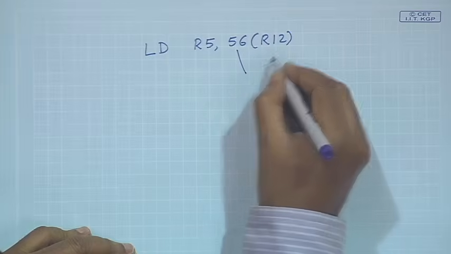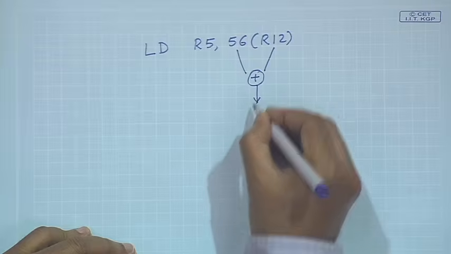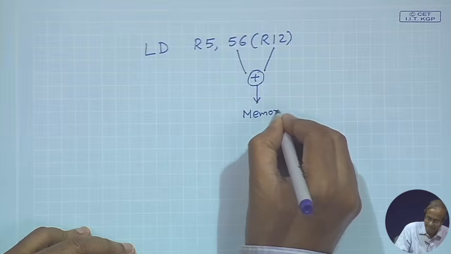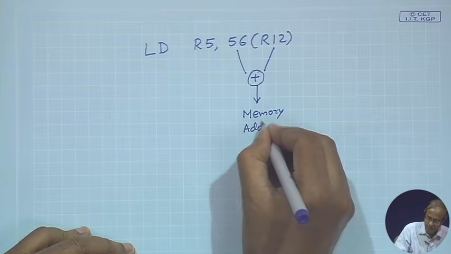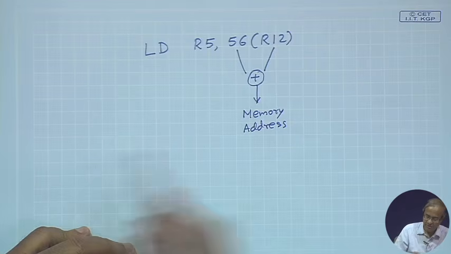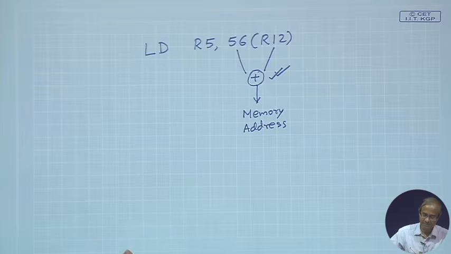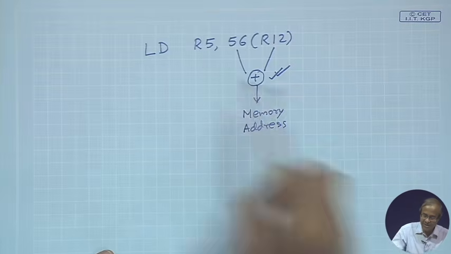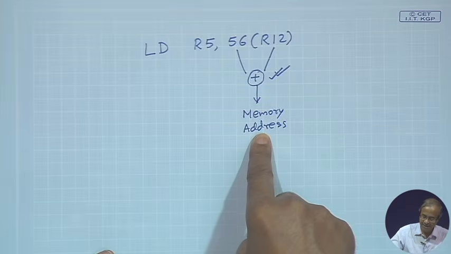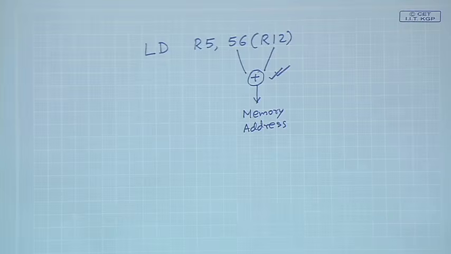So, the value 56 and R12 will be added, and the result of the addition will be your memory address from where the data will be loaded into R5. So, you see you require an addition step here. In the load instruction, no other arithmetic calculation is required, only this addition to compute the effective address or the operand address.